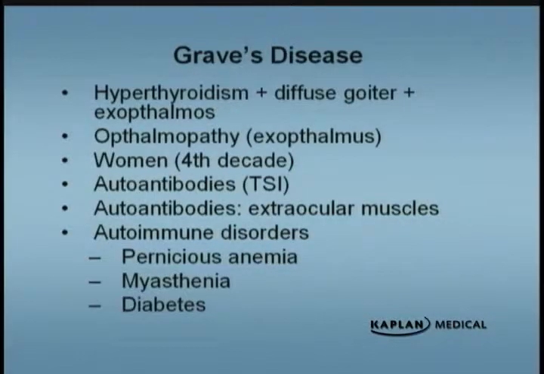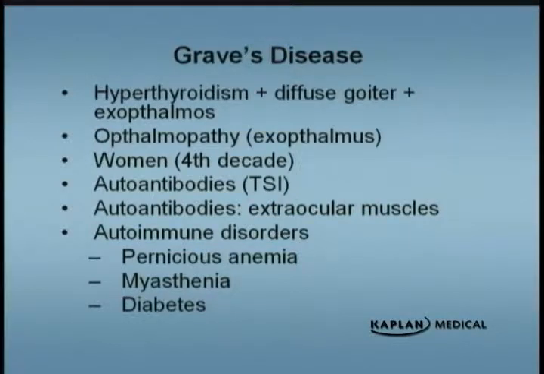So Graves' disease, we said, is the most common form of hyperthyroidism. Now, the typical triad that these patients present with is hyperthyroidism plus a big diffuse goiter on the exam, and then exophthalmos. Exophthalmos is clinically called proptosis. It's the same thing.